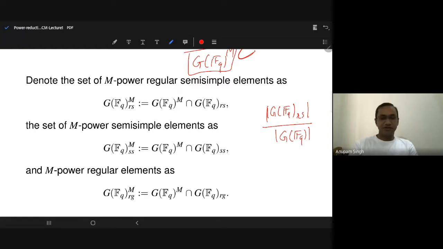So whatever this quantity is, it says that this is the probability of finding a regular semi-simple element in the group G(F_q), right? These kinds of questions are important from a combinatorial point of view, or probabilistic group theory, or computer science point of view.